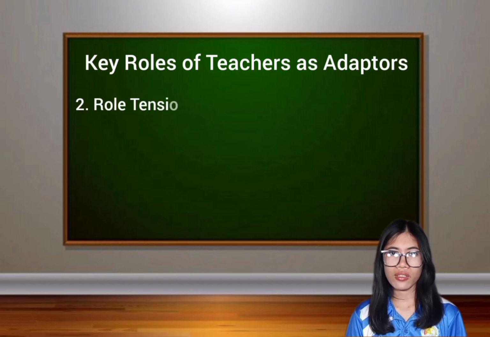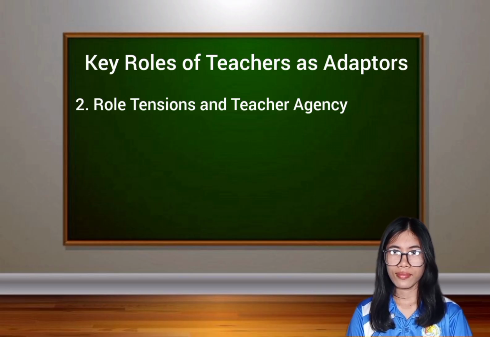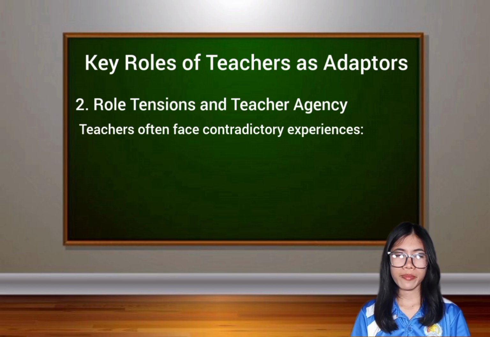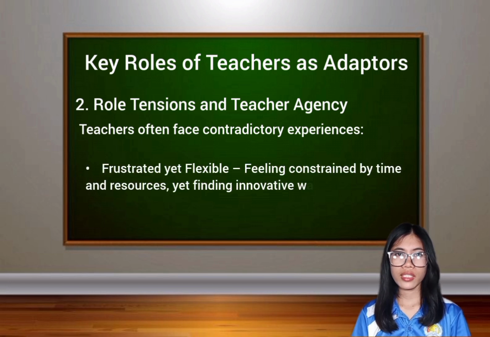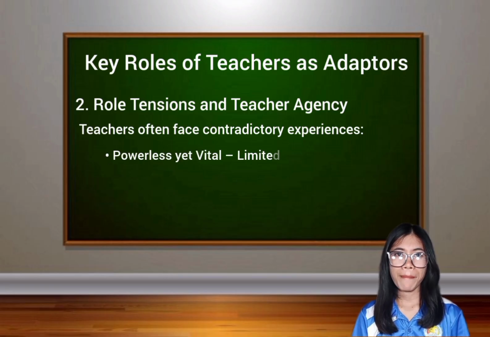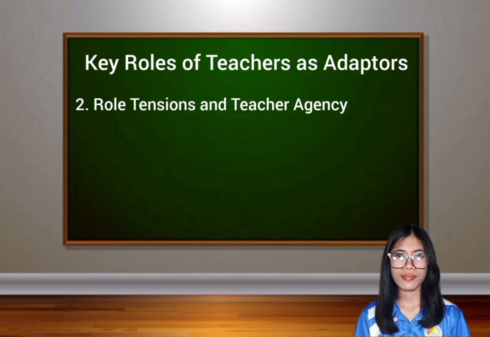This leads us to the second key role, which is role tensions and teacher agency. Teachers often face contradictory experiences: frustrated yet flexible, feeling constrained by time and resources, yet finding innovative ways to deliver lessons; powerless yet vital, limited in shaping official policies but indispensable in enacting them in the classroom.